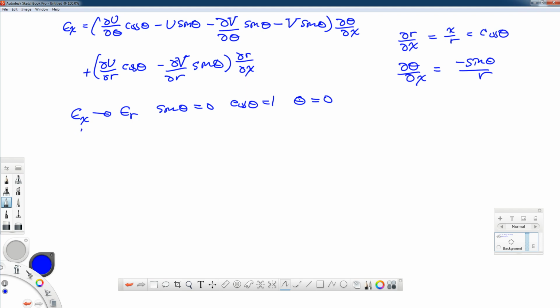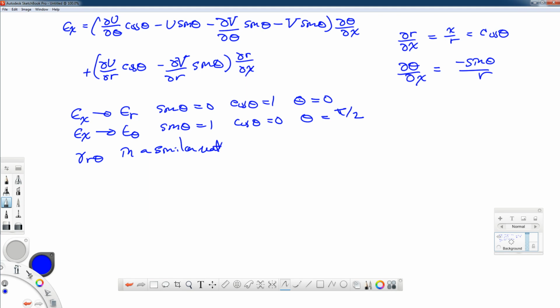We can get an expression from this epsilon x expression for epsilon theta if we take sine theta to 1 and cosine theta to 0, which corresponds to theta of pi over 2 radians. And then we can also find an expression for gamma r theta by going through the process at length again. We need to take those partial derivatives as appropriate.